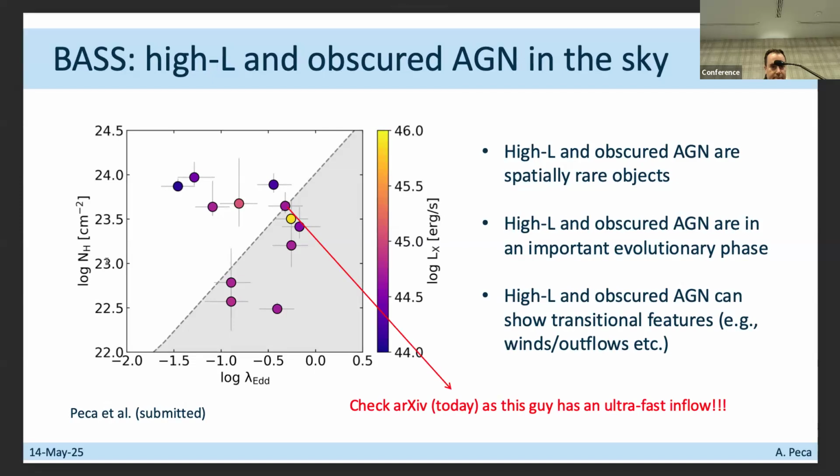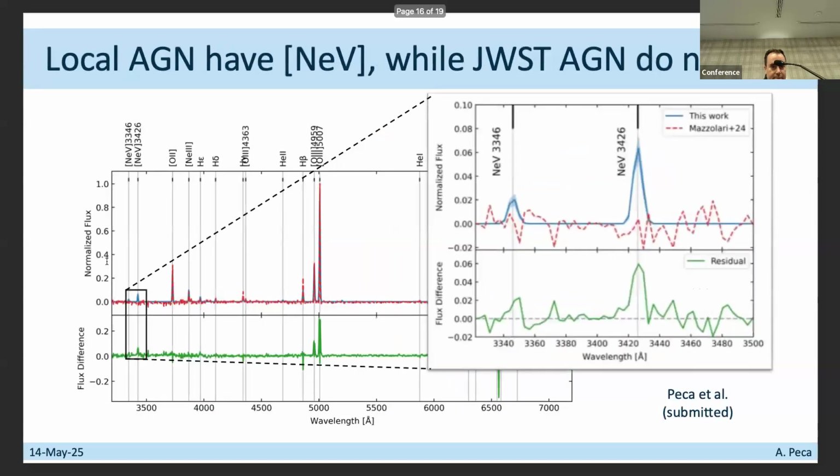We don't have so many inflows in the literature. Now I don't have the time to go into the details, but please check the paper and ask me questions if you have any. But this is also a signature of how many things we can do with X-rays. This is another result. So this is optical spectroscopy.